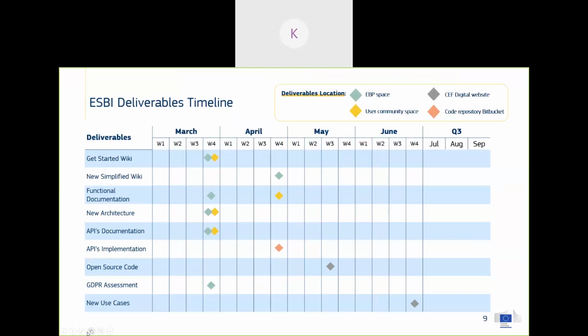There is also the publication of the GDPR assessment from the legal and socioeconomic team, and the new use cases that will be developed potentially for version 2 will be brought out later, in the June timeframe.